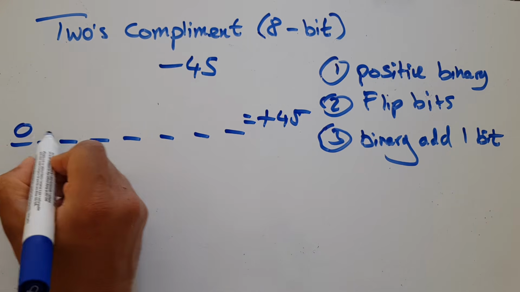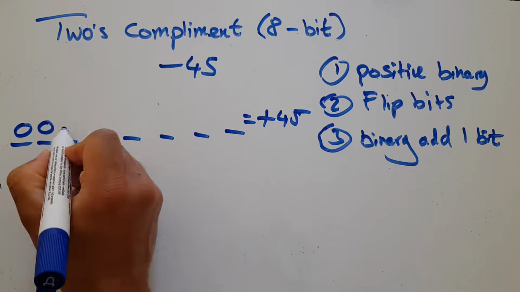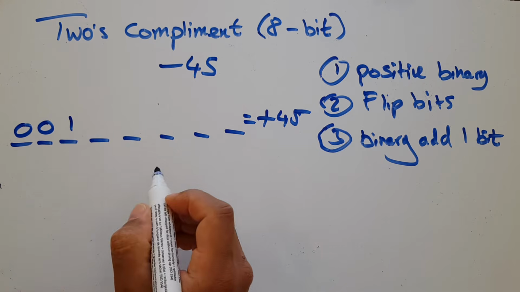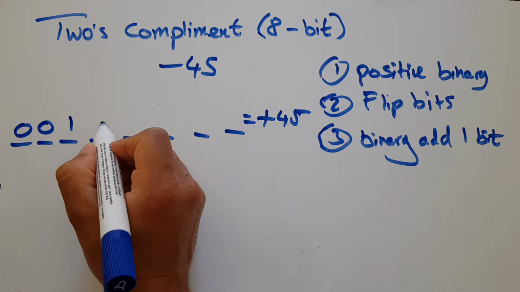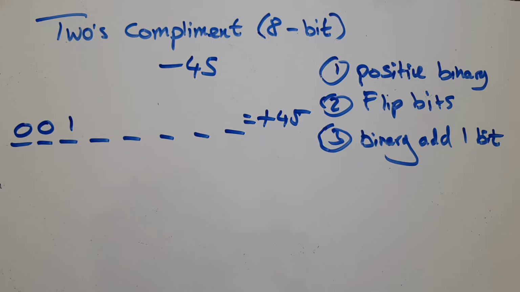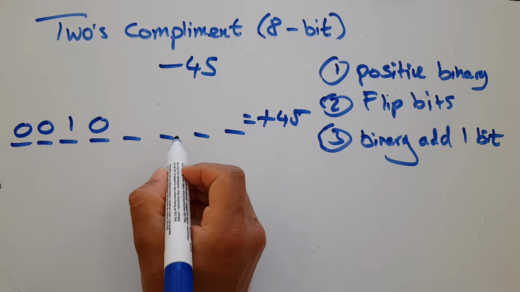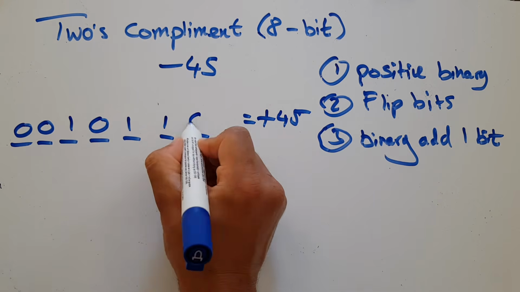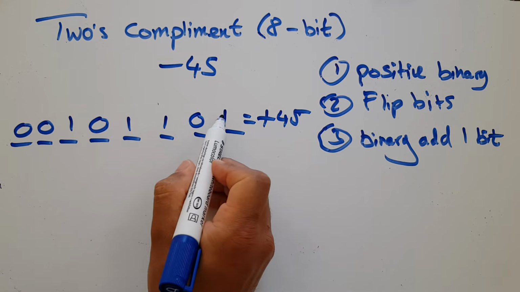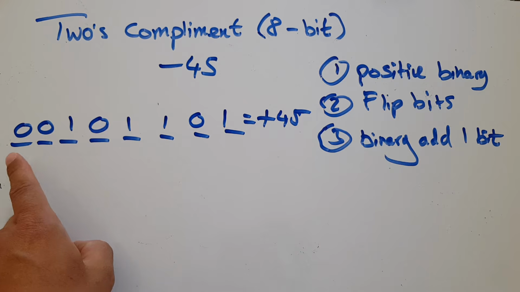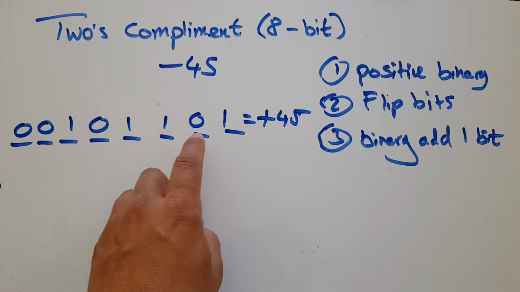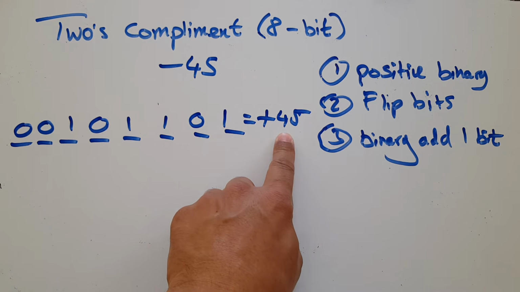Okay, so I don't need 128 or a 64. I do need a 32. And 32 going up to 45 is 13. So I need 13 now. So I don't need that. And 13 in binary is 1, 1, 0, 1, 12, and 13. There we go. So this is the binary 0, 0, 1, 0, 1, 1, 0, 1 for positive 45.